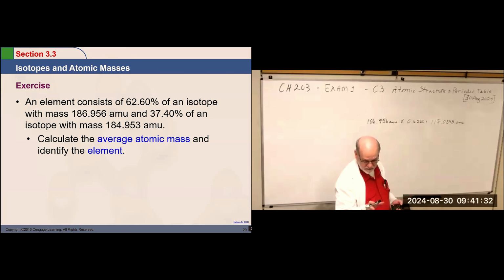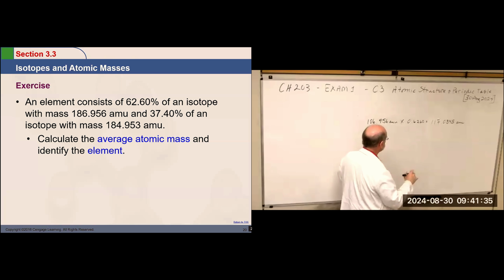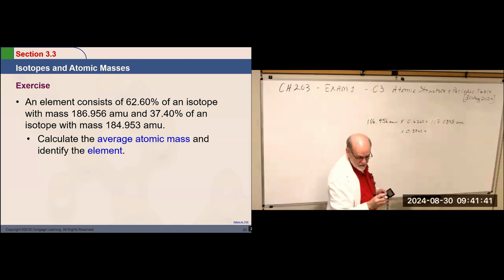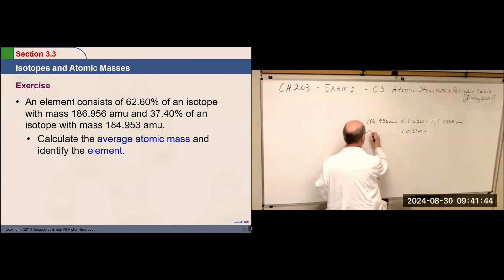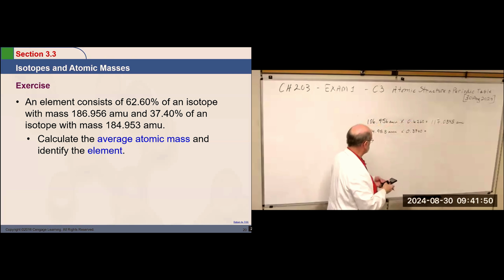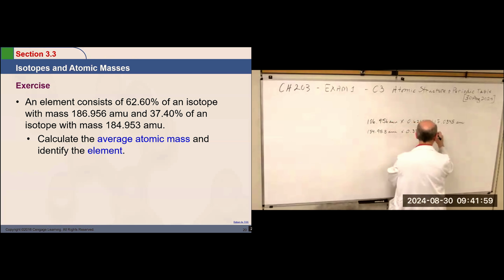And the other is 0.3740 and 184.953. Okay, let's see what that contribution is, times 0.374. And this one contributes 69.1724 atomic mass units.